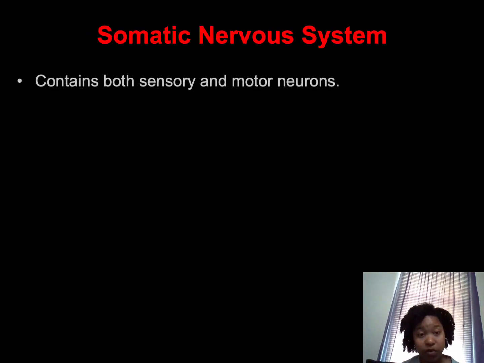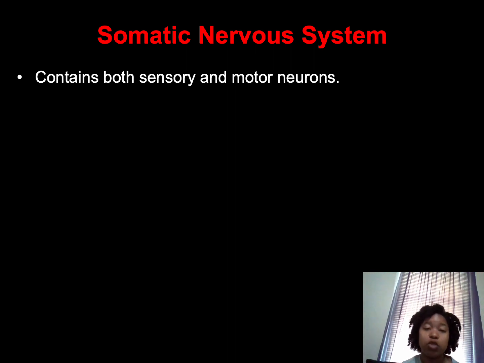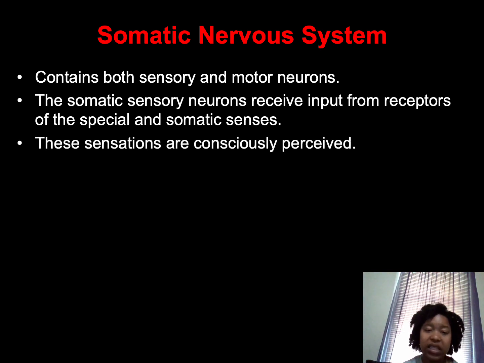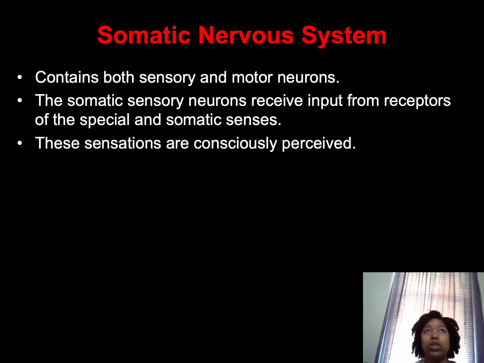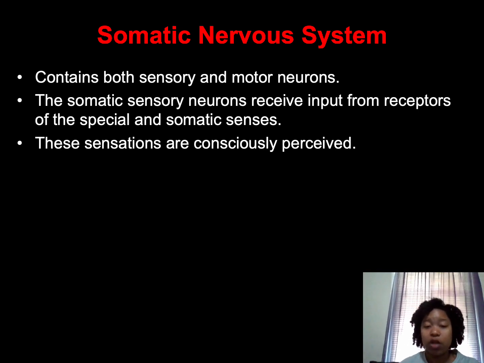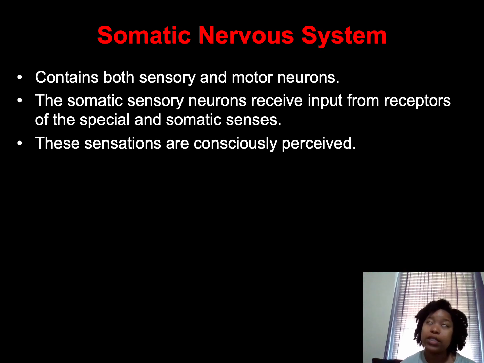The somatic nervous system contains both sensory and motor neurons. The somatic sensory neurons receive input from receptors of the special and somatic senses. These sensations are consciously perceived. When they say the special senses, those are ones like vision, smell, and hearing.